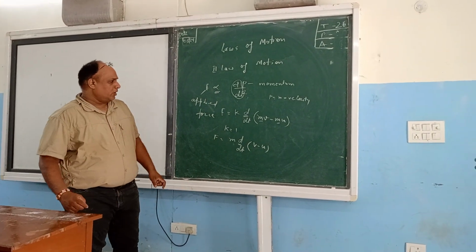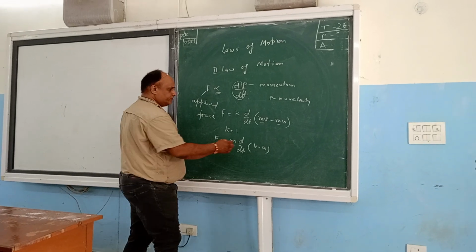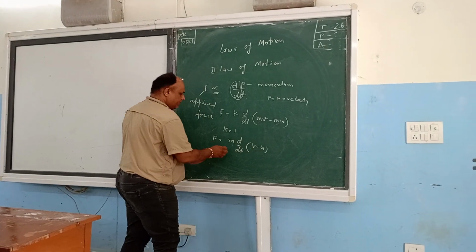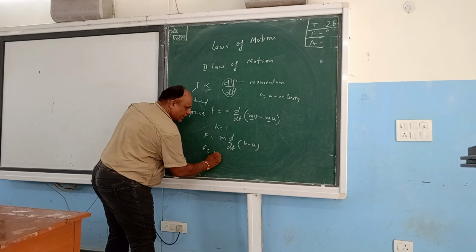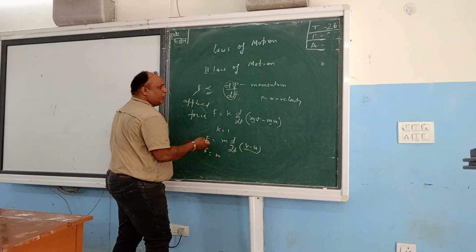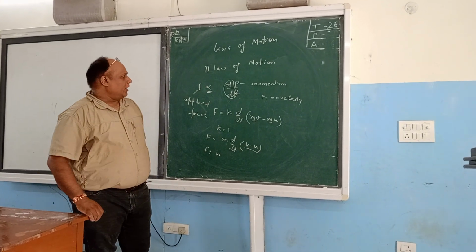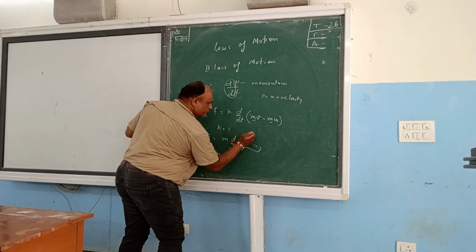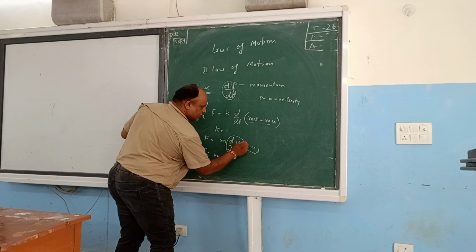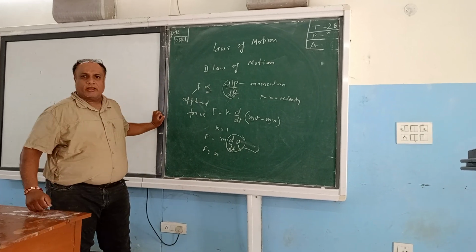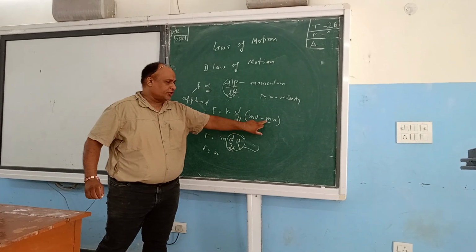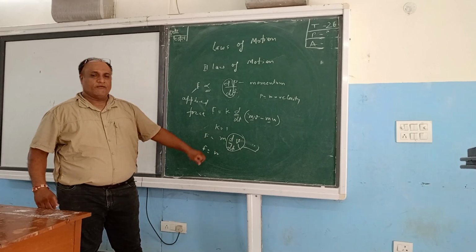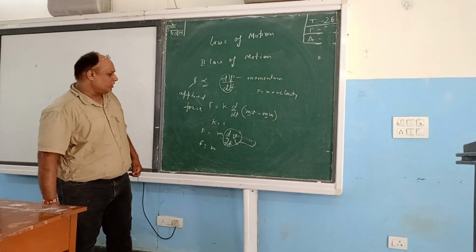Clear? That means F is equal to m. Here we are differentiating, that means dP, that is dv upon dt. What is dv upon dt? Acceleration. That is change in velocity with respect to the time interval.